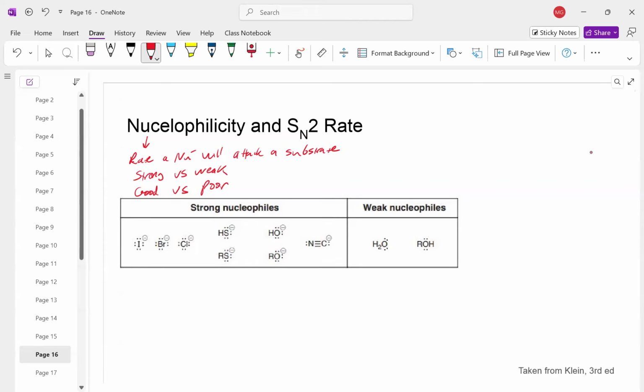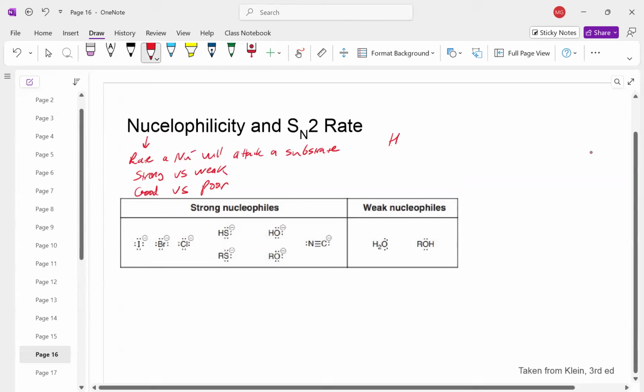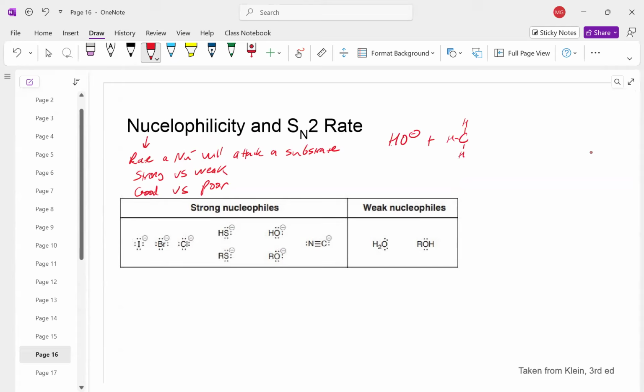Now, just to show an example of this, if we take hydroxide and react it with methyl iodide, it reacts very quickly in an SN2 fashion. But if I use a similar nucleophile, for example water, and I use the same substrate, I can draw the same exact mechanism.